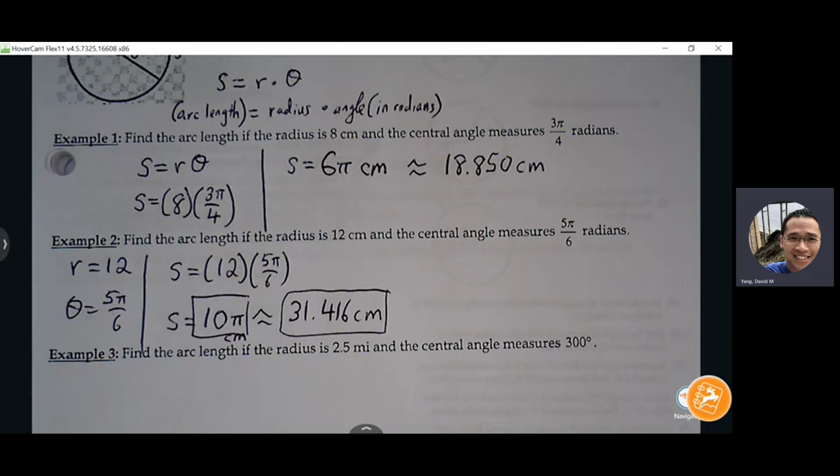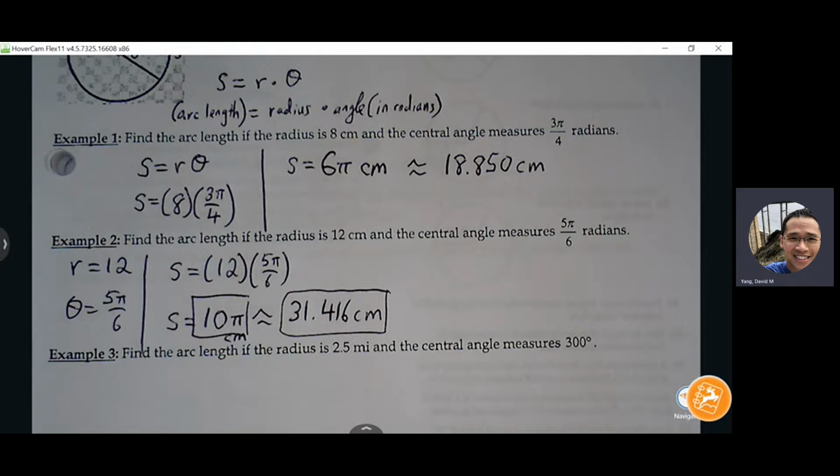All right. No questions, 1 or 2? Do I have to write 10 pi and just get that? Yeah, I want you to write 10 pi centimeters so we can get used to it. Sometimes I'll be asking you for exact values, sometimes I'll ask you for decimal approximations, so I want you to get used to both forms depending on what I'm asking for.